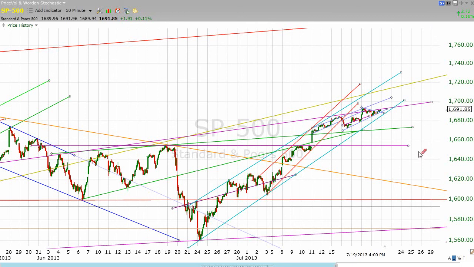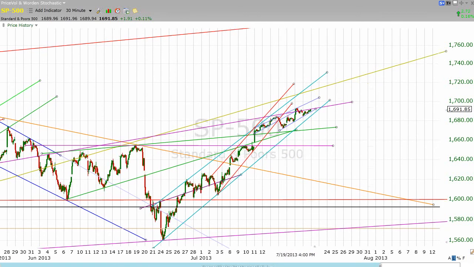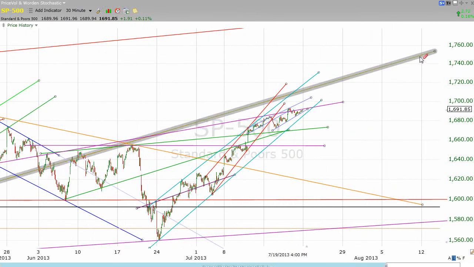But if we break this rising channel right here and then come down and get a bounce on what was a proposed neckline, then I would think that would be a good sign that we probably would look for that 1753, 1754 level, but that it would not happen in the immediate future. We would probably see that take place sometime in August.